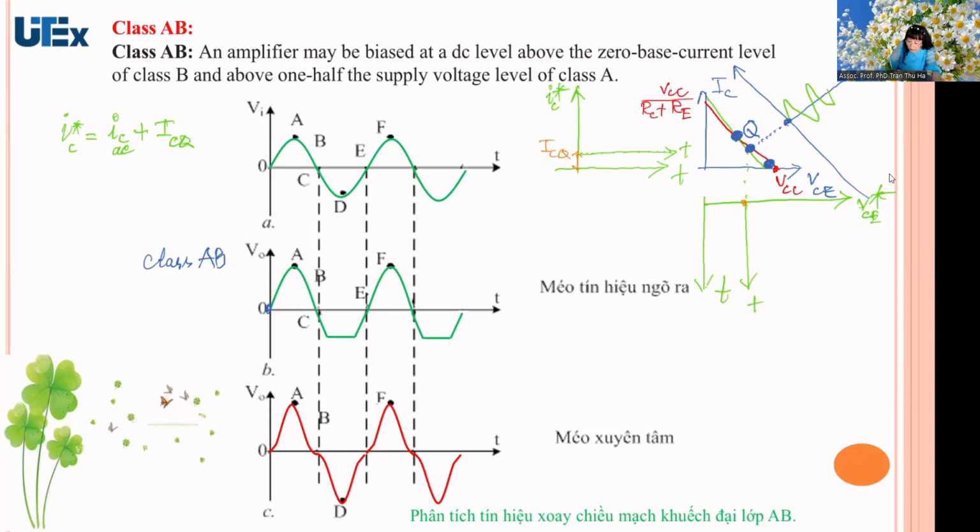And here, you have the VCEQ, this Q point. We call it this class B. This is very small, but I draw maybe the large.